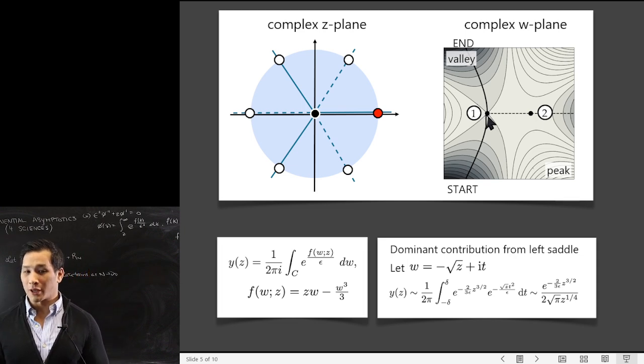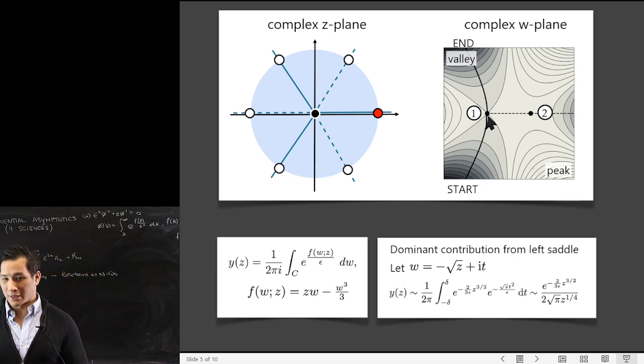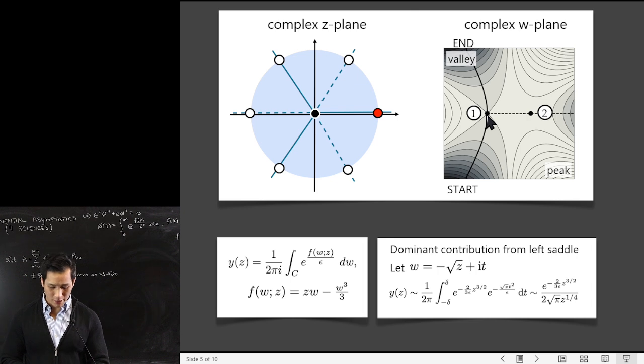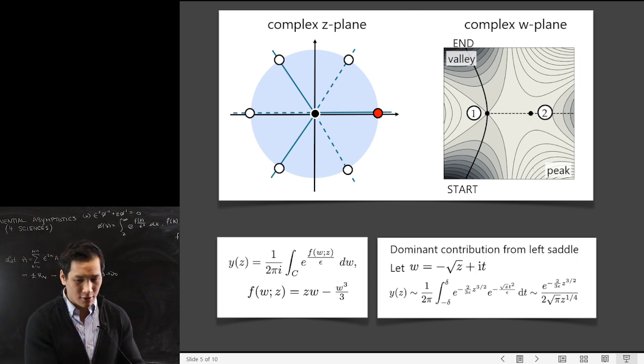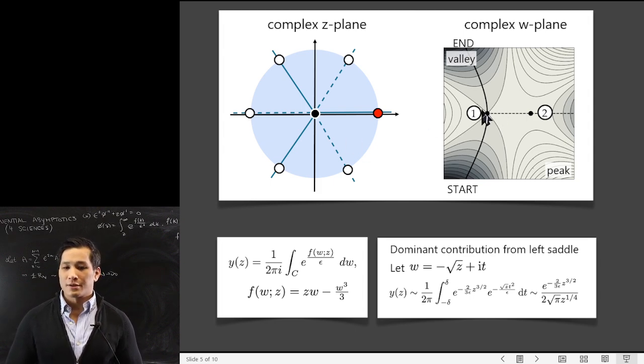So they're located at plus or minus root z. Okay? So for this contribution 1, you need to do a little steepest descent argument about the contribution to the integral from 1. So that's what you're seeing on the lower right element here.